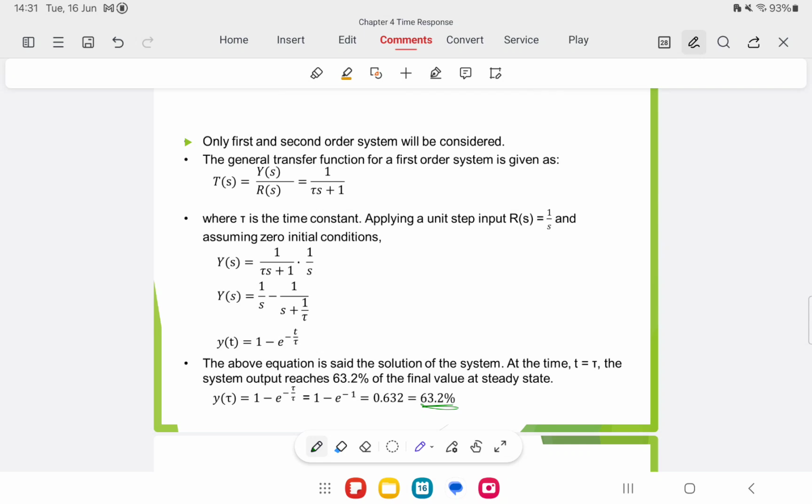Okay, so for this one we are considering on the, this one is for first order, applying for unit step, so darab kat sini, and then this one taking Laplace, ini partial fraction dulu, lepas tu baru inverse Laplace lah. Okay, and then when we solve, masukkan the value of the t equals to tau, then you will get this value. This one t equals to tau, then we can get this value.